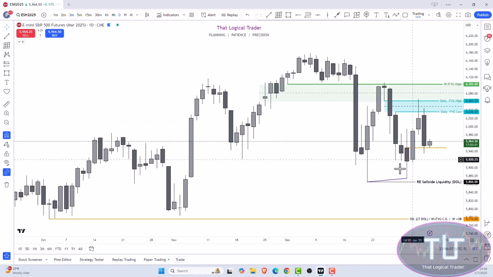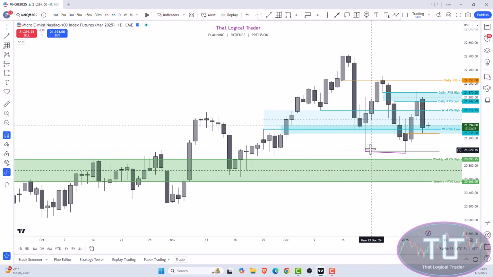So this is NASDAQ; if we go to ES, that's divergence. The ES did not take that low, whereas NASDAQ did. So this is ES, take a closer look at this, and then I'm going to put NASDAQ back on. So this is NASDAQ. We already took that low and went up onto the daily bearish fair value gap.